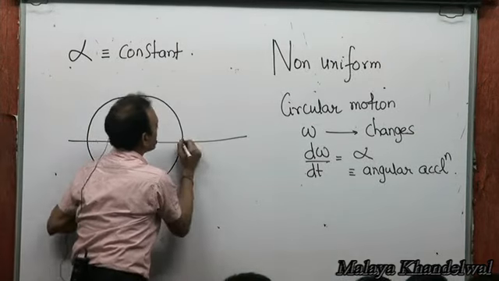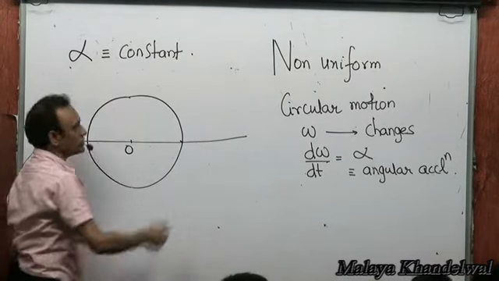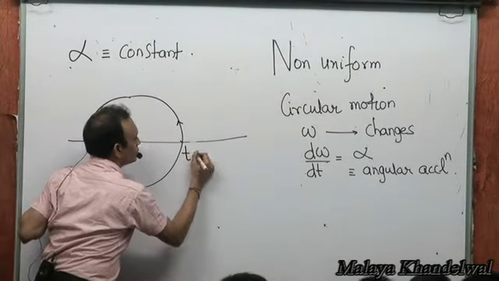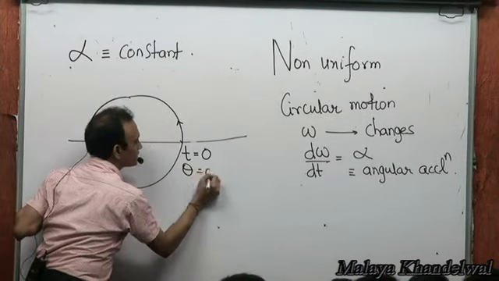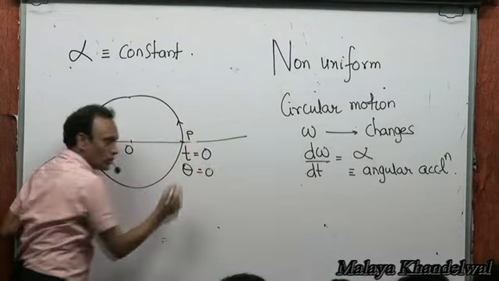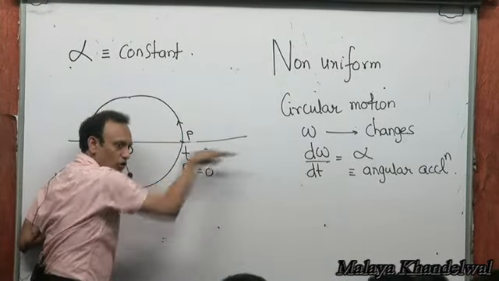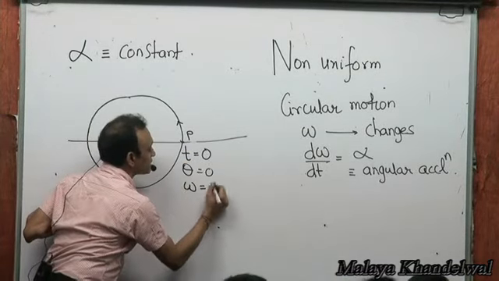Suppose this is the particle executing this circular trajectory, say in this sense. At time t equal to 0, say theta was 0. If the particle is at P, then theta is 0 at this instant. This is my reference line that measures theta, so theta is 0 along this line. Theta is 0 and omega at this instant is some omega naught.